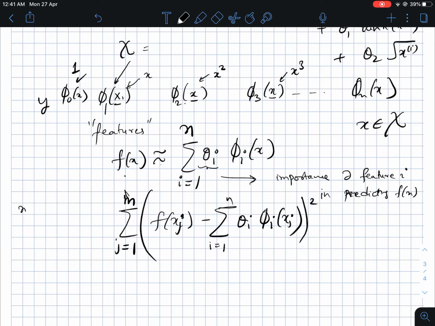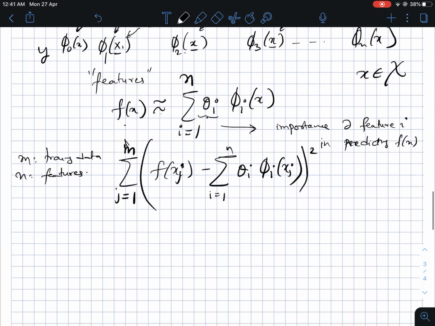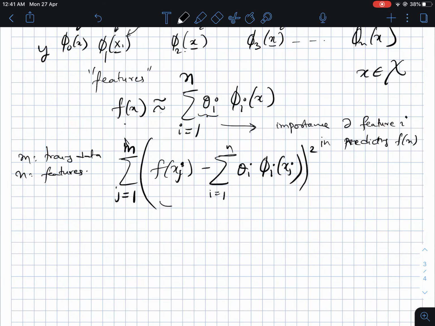Here m is the number of training data points, and n is the number of features. Once again, whatever expression you have is linear in the theta_i's, and this can be solved using the linear least squares problem.